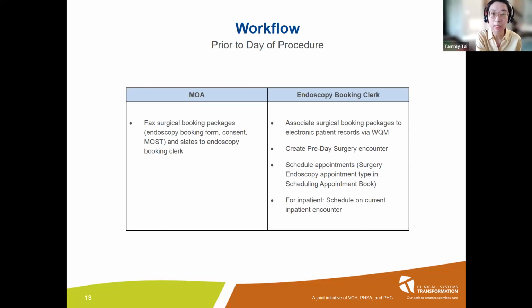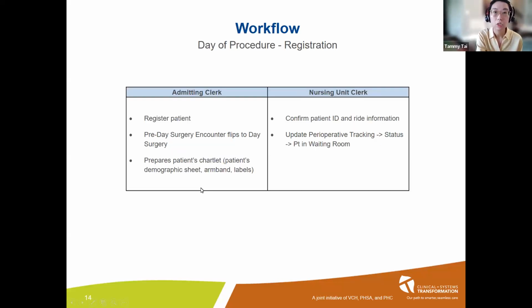The appointment type will be endoscopy appointment type in the scheduling appointment book. And if it's for an inpatient scheduling, it'll be scheduled on a current inpatient encounter. So on the day of the procedure, this is the registration process. The patient will arrive to the hospital at the admitting area.